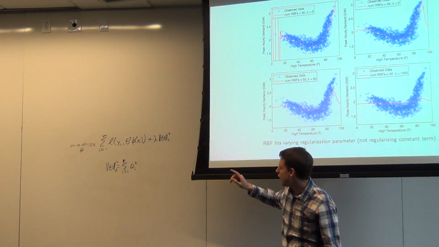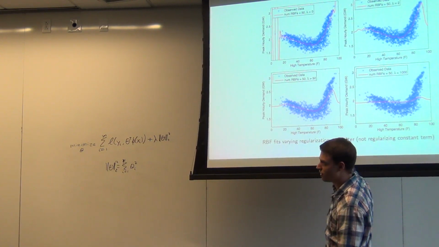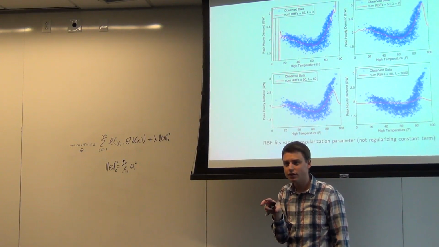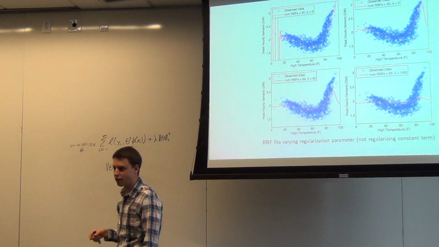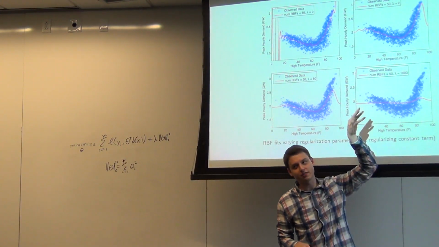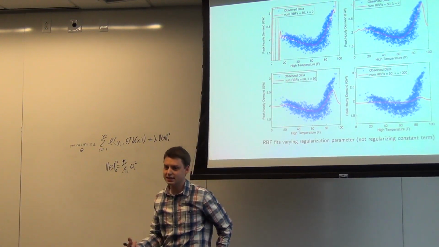I should say, for those that saw this, if you didn't see this, don't worry about it. But I'm also including that one vector in addition to the RBFs here, for example, because it has a constant term here that is not from the RBFs. It's actually from that constant term. And I'm not penalizing that.